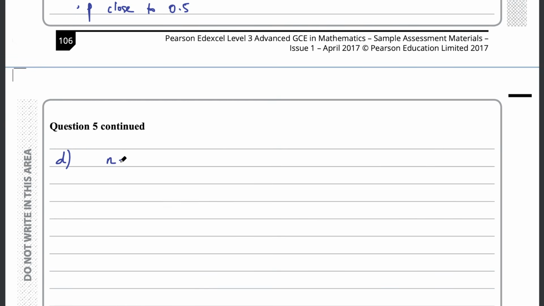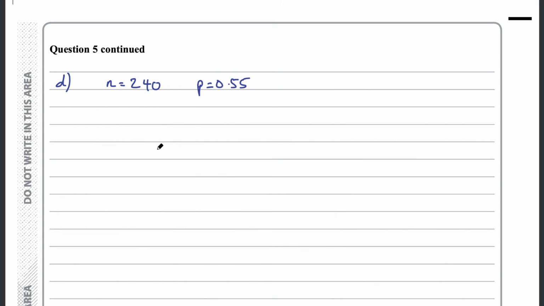Okay, our n, our sample size, is 240. Our probability of success, again, 0.55. Now, in order to use a normal distribution, we need a mean and a standard deviation. When we're going from a binomial to a normal distribution, the mean is the expected value. So the expected value is the sample size multiplied by the probability of success, so that's n times p.